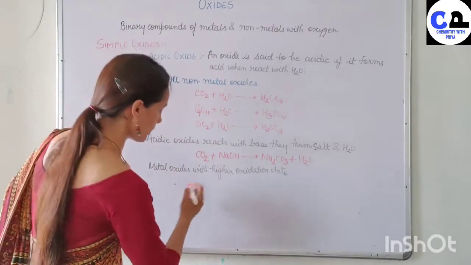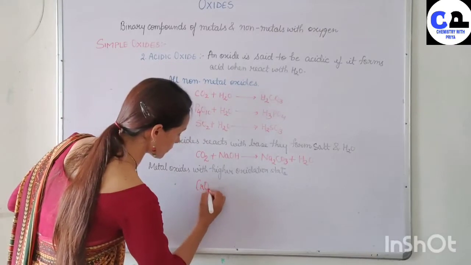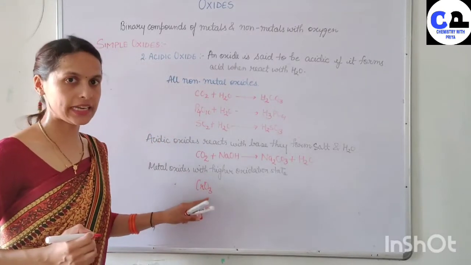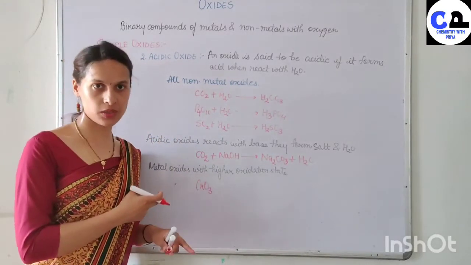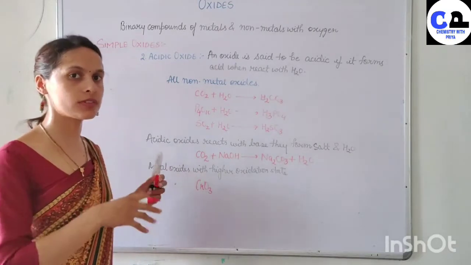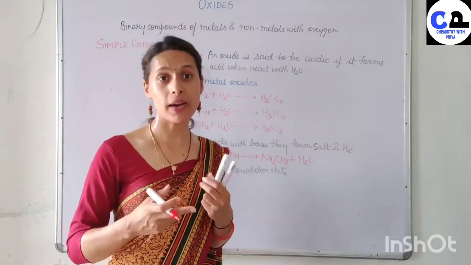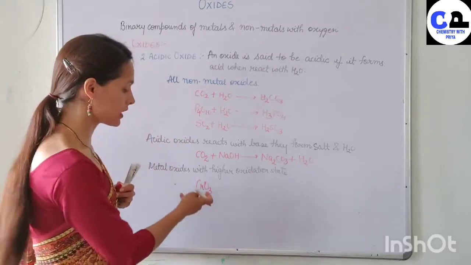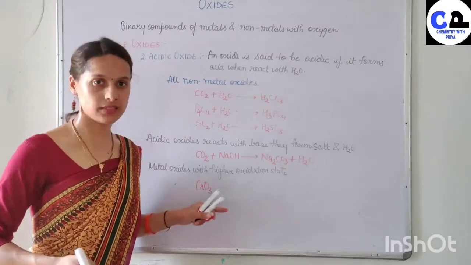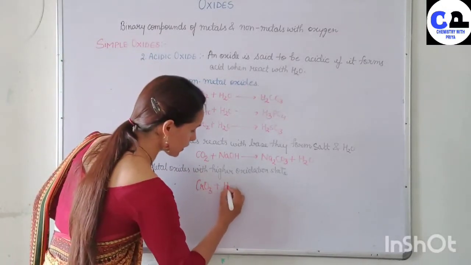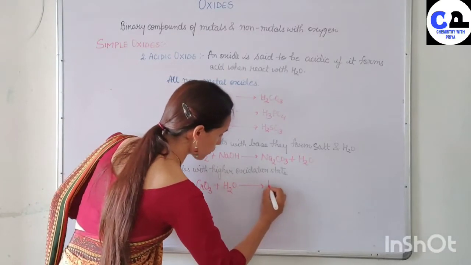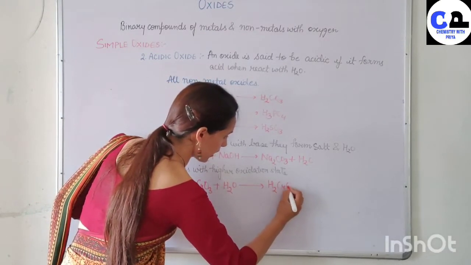For example, if I take CrO3, that is chromic oxide, it is the oxide of a transition metal. According to our previous concept, it should be basic in nature, but it is acidic in nature because in this the oxidation number is +6. When this CrO3 reacts with water, it forms chromic acid, that is H2CrO4.